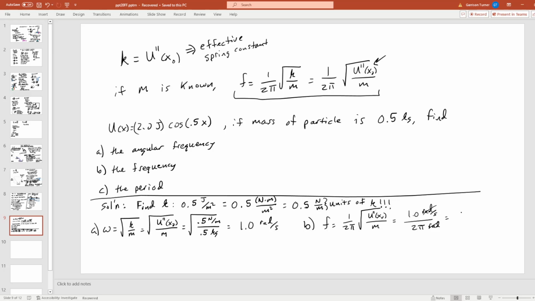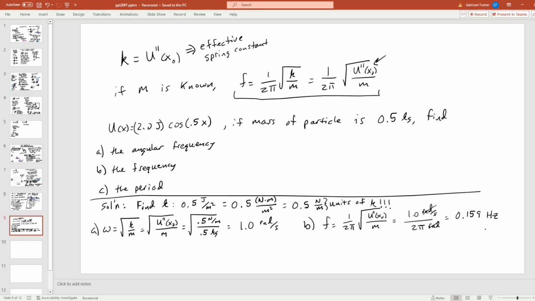So 1 divided by 2 pi will give us 0.159 Hertz, or cycles per second. Okay, so this is going to go through around 16% of a cycle per second.